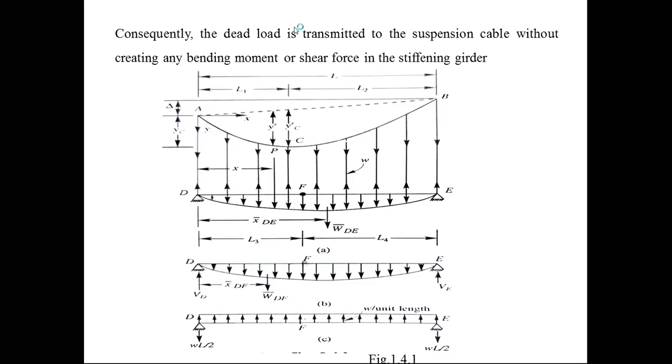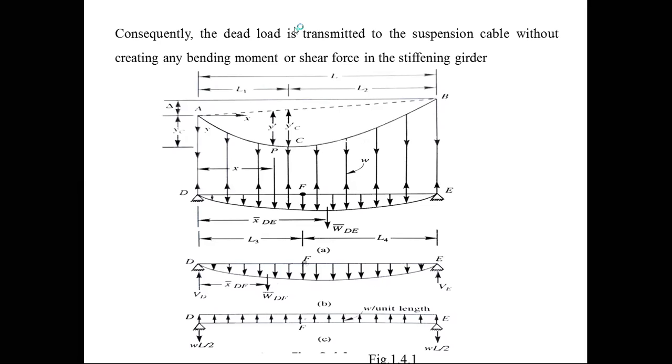In doing so, the stiffening girder has to resist bending moment and shear force. As far as dead load of the bridge is concerned, it is assumed with reasonable accuracy that it is uniformly distributed. Consequently, the dead load is transmitted to the suspension cable without causing any bending moment or shear force in the stiffening girder.